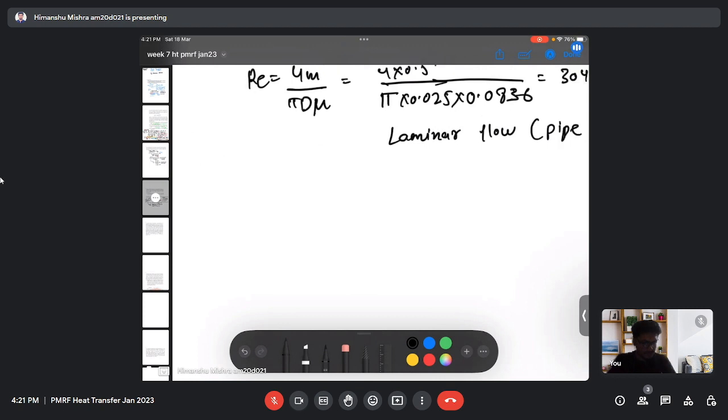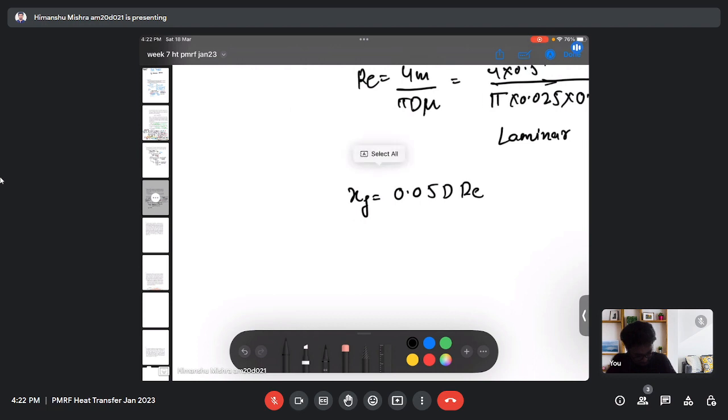So for the laminar flow, we will use the correlation to determine the length at which there will be a fully developed flow. So that length will be, let's say, xf. Alright. So in the pipe flow, this is my developing region.